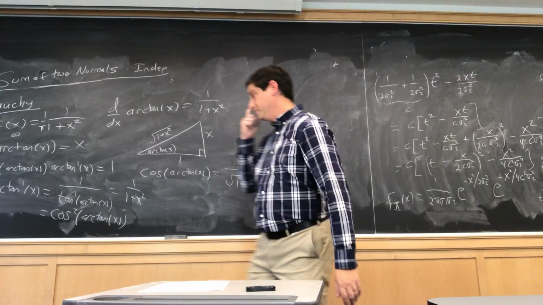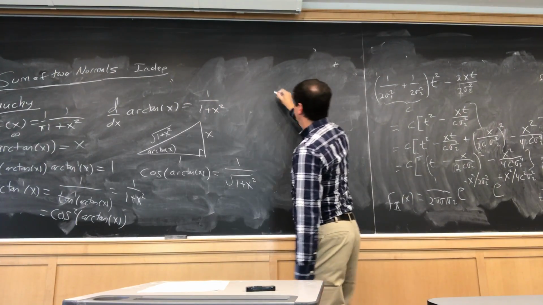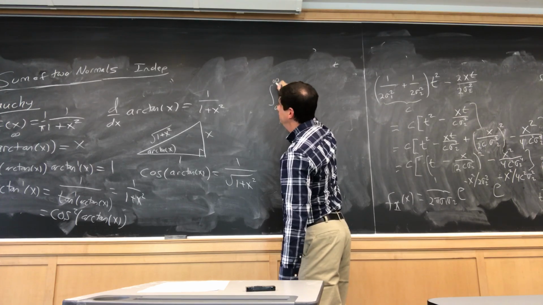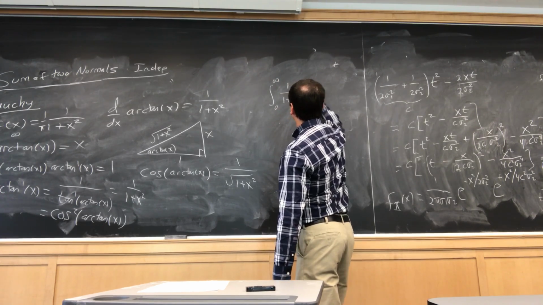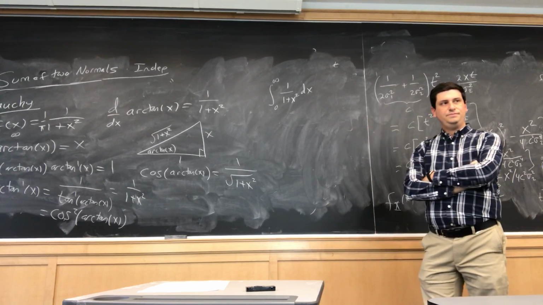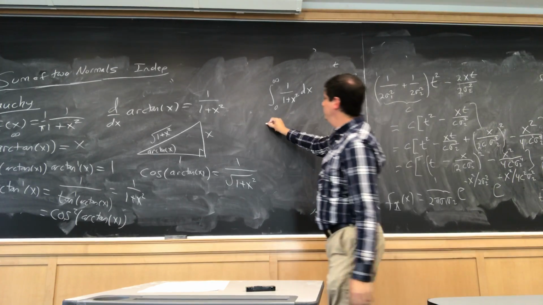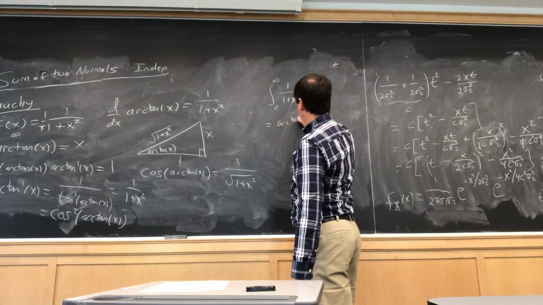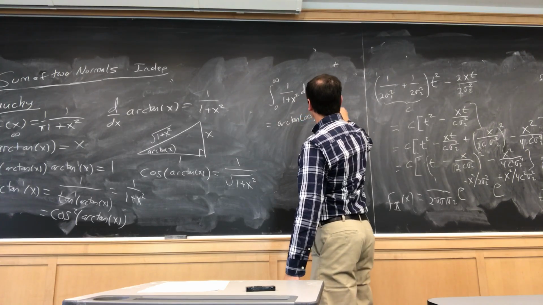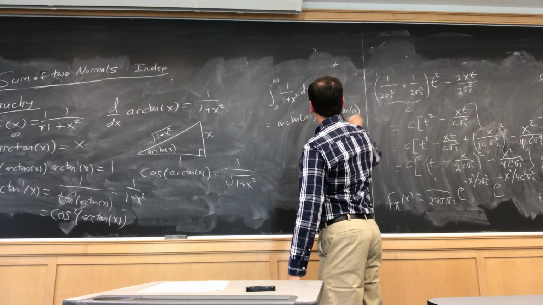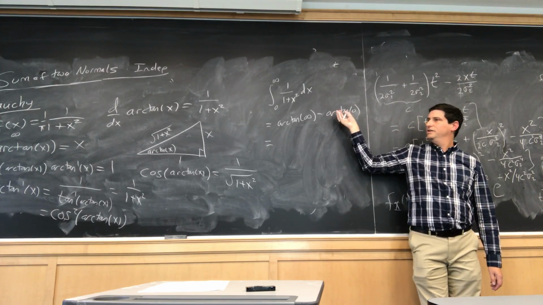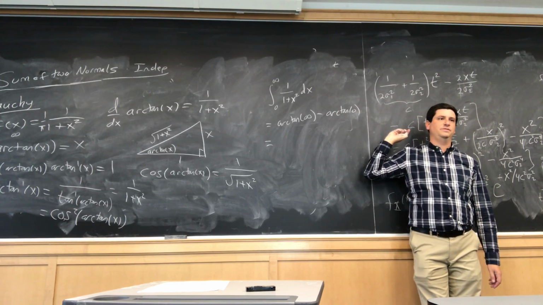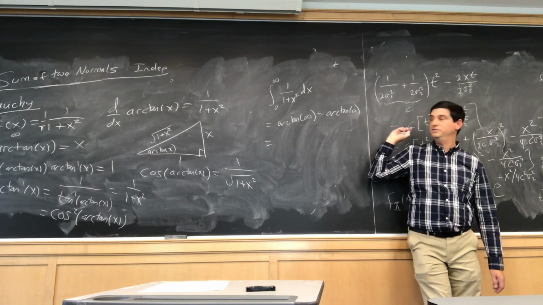Okay. So let's quickly finish the problem. Let's integrate from 0 to infinity of 1 over 1 plus x squared dx. This is equal to arctangent of infinity minus arctangent of 0. What angle has a tangent of 0? 0.